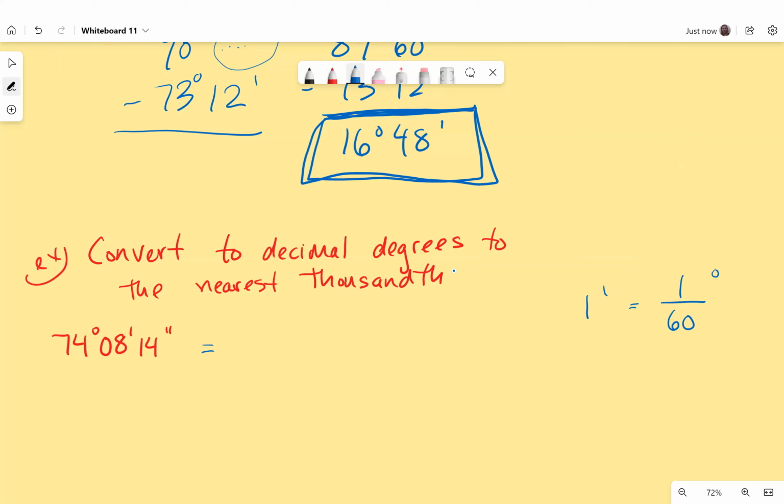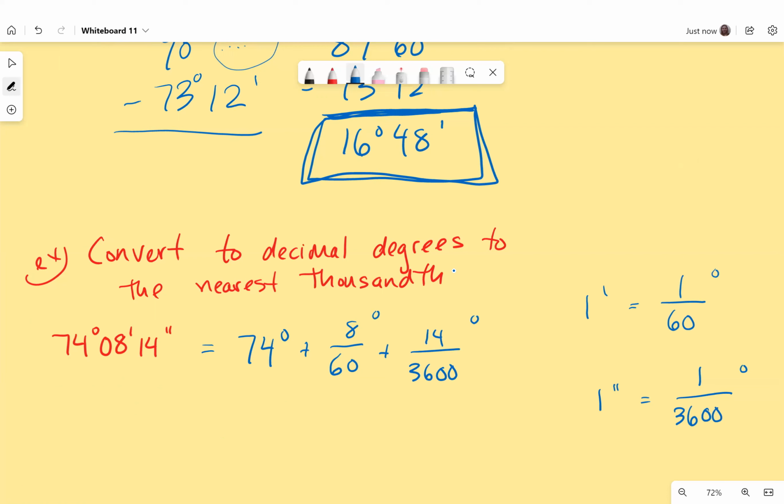So if I have 8 minutes, I could rewrite this one as 8 times 1/60, or 8/60ths of a degree. And remember, we had 1 second when we converted that one to be 1/3600th of a degree. 60 times 60. So if I have 14 of those, I would have 14 over 3,600ths of a degree.